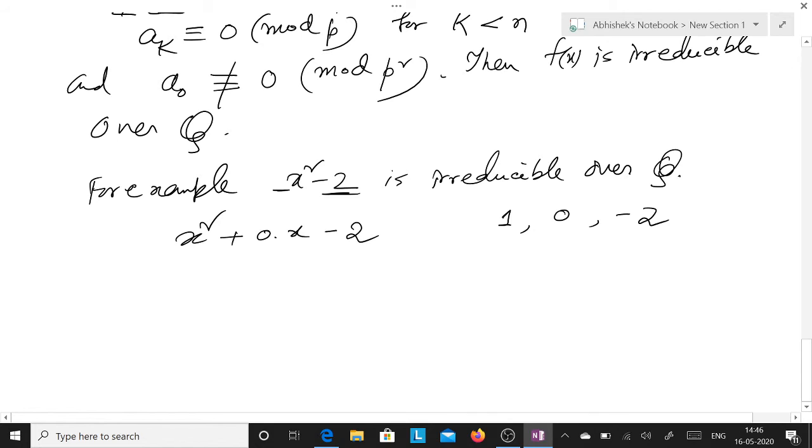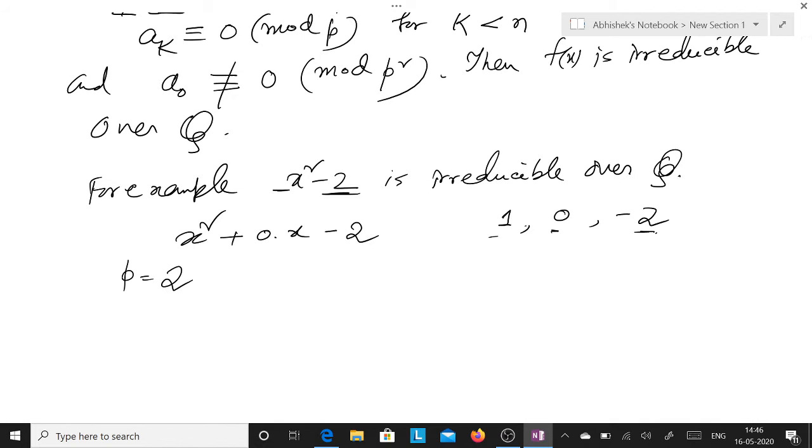So keeping in mind these coefficients, we first see that the prime 2 may work for these coefficients too.